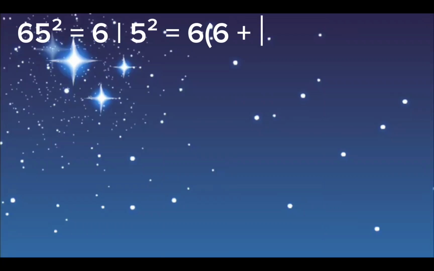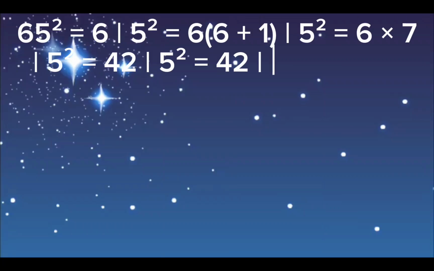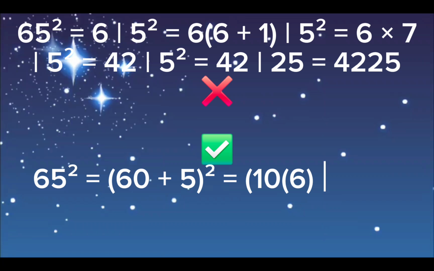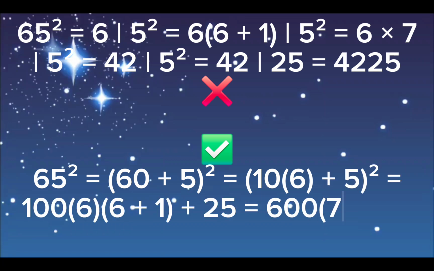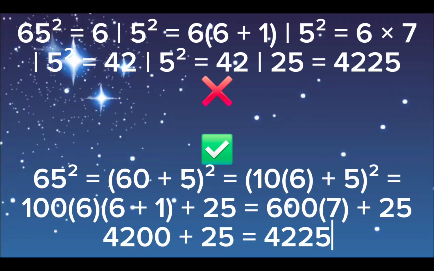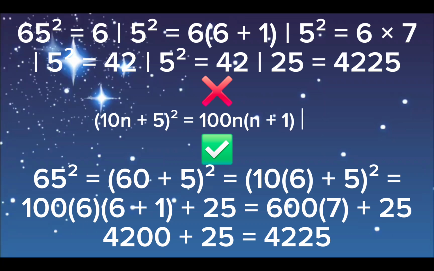Instead of saying, do n times (n + 1), then stick a 25 at the end, we first say, do n times (n + 1), then multiply by 100 and then add 25. This showcases the equality for 100n(n + 1) + 25.